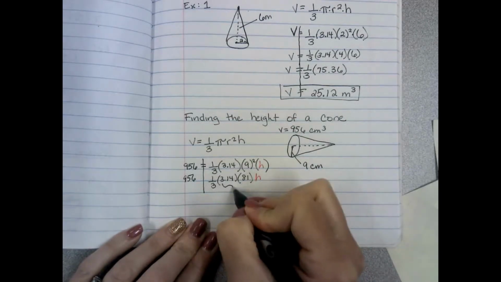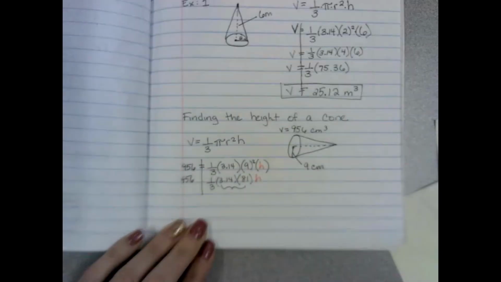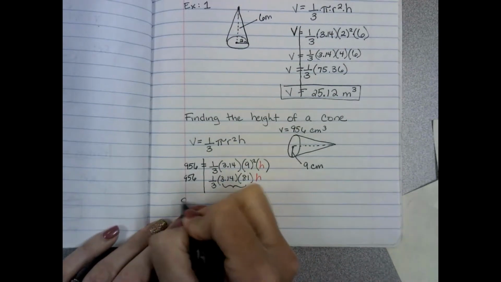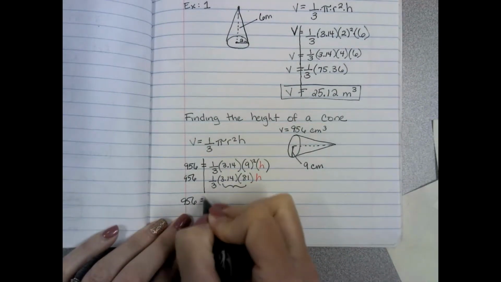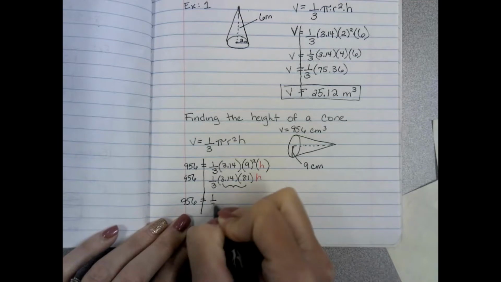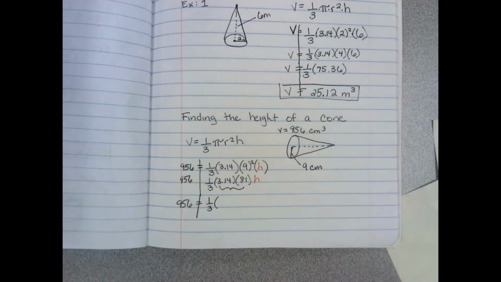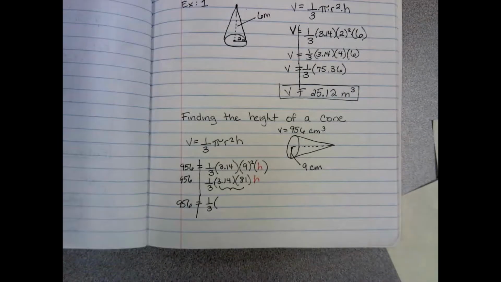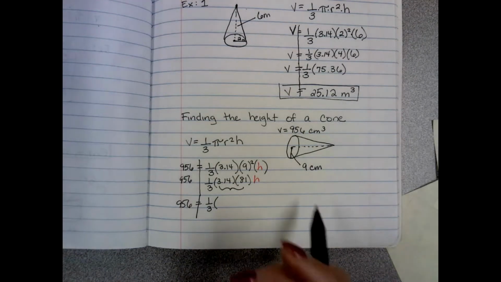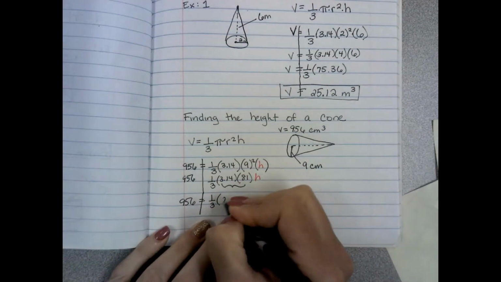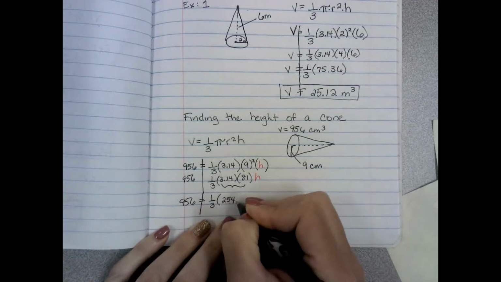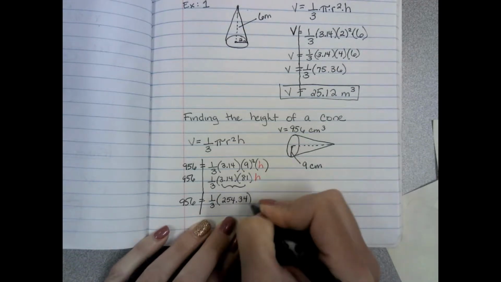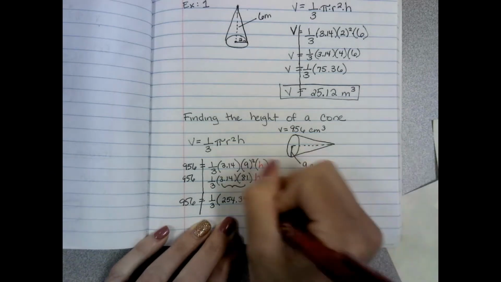I'm going to put this into my calculator because that's not something I know off the top of my head. 3.14 times 81 is 254.34.